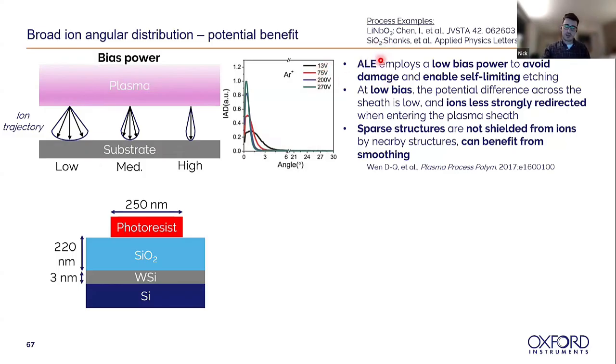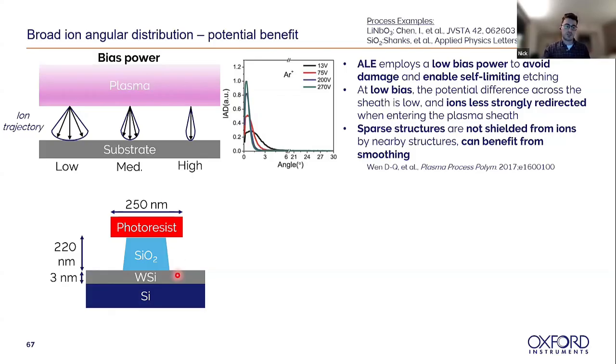So this was work done by JPL. What they were trying to do was smoothen and narrow down their silicon oxide hard mask before etching the tungsten silicide underneath. So what they did is they performed their ALE process, and there was a slight isotropic component to the etching.